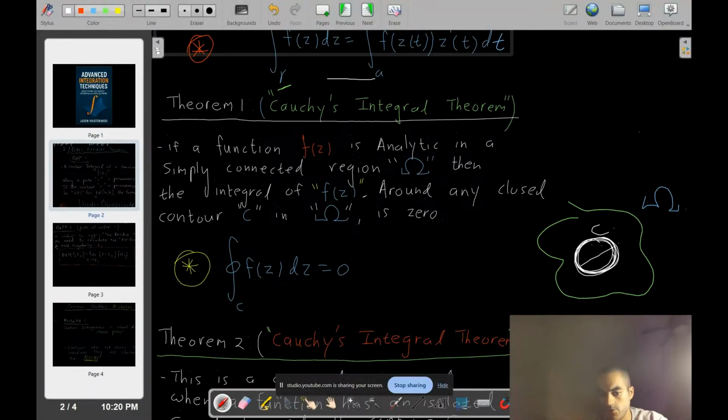Then it's automatically 0. The loop on the integral means that it's a closed contour integral. The integral of f of z dz over C has to be 0 because we have a closed contour in omega. The C that I've chosen inside of omega is a closed contour.